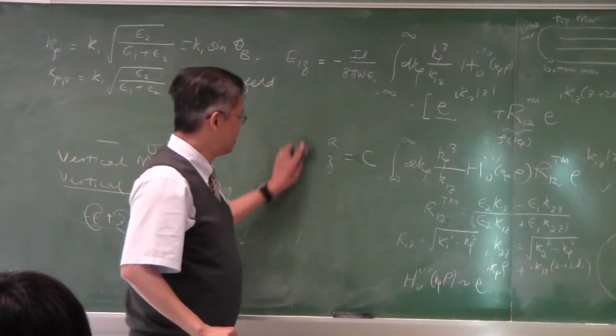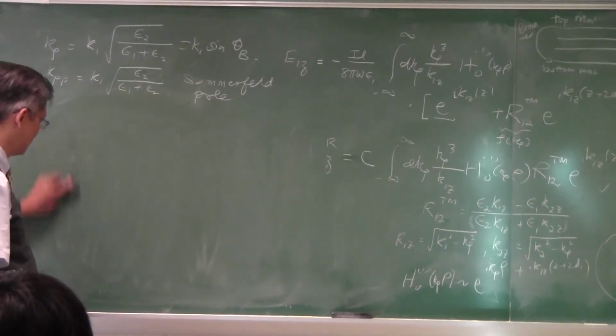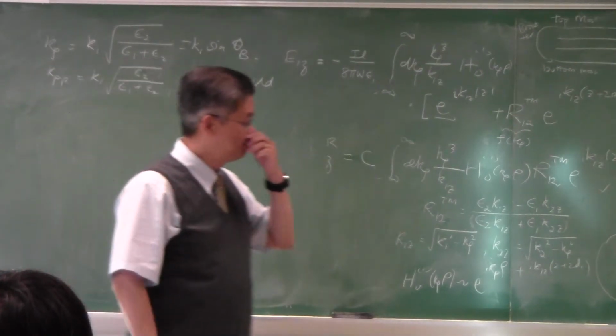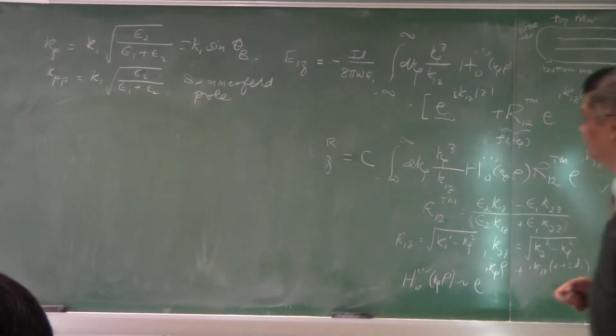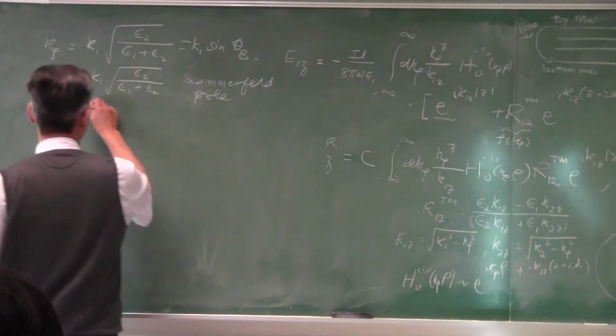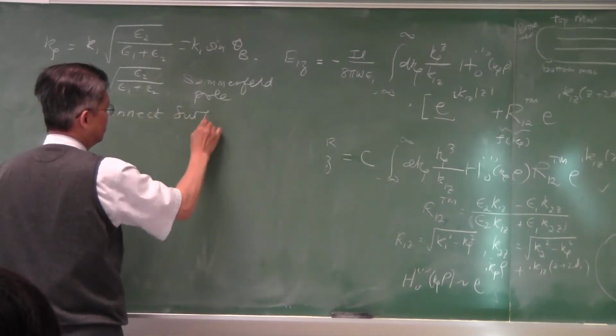And then there are lots of arguments in the literature saying that perhaps it does contribute sometimes. Saying that if you introduce some loss, maybe the branch cuts will distort themselves somehow, and then we have to include the pole location. The pole location in that case is called the Zenneck surface wave pole.